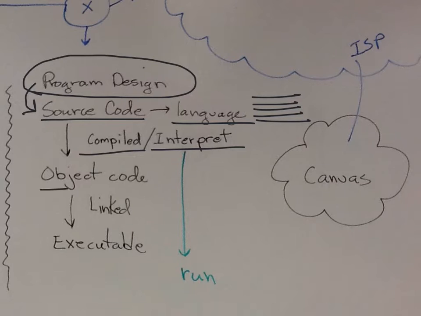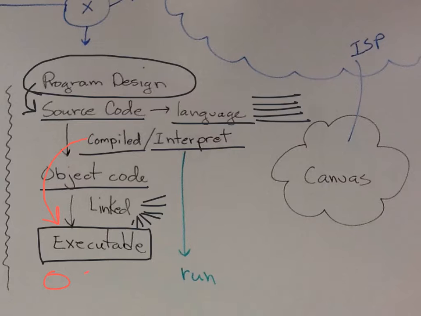If it's compiled, it becomes an object code. We link in other libraries, other information, other code, and then we can create an executable. The compiler compiles it to be an executable for a particular operating system. So you can compile it for Windows, so to speak, or you can compile it for Linux.